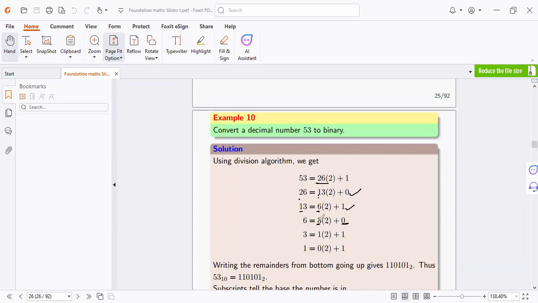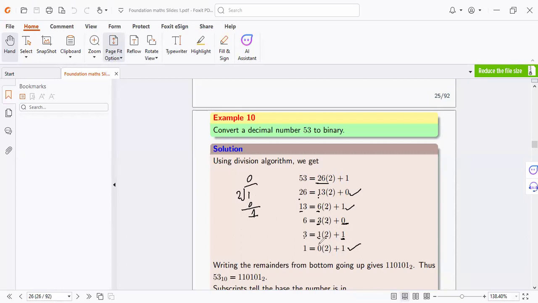whatever we shall be dividing becomes 0. So what about 2 into 3? 2 goes into 3 once, and the remainder is 1. What about 2 into 1? 2 goes into 1 how many times? 0 times, and the remainder is 1. So when we reach there, we stop.